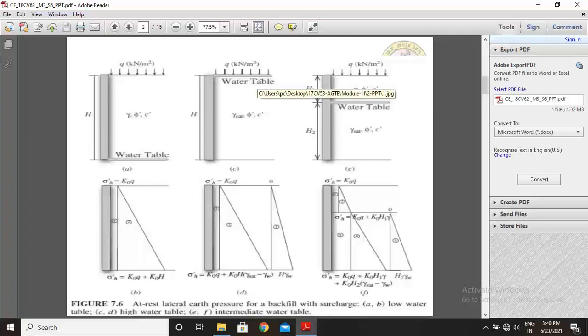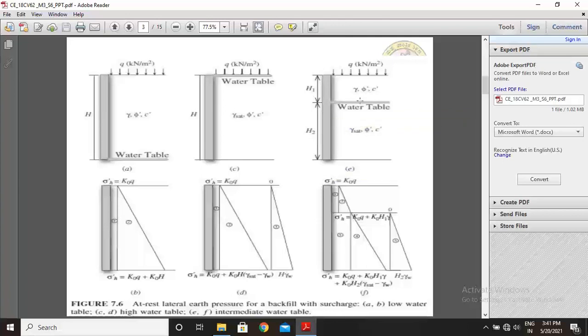the surcharge load is acting but the water table is at the top surface. Then here the saturated unit weight is considered, but in the first case the dry unit weight is considered because the water table is at the bottom. And the third condition is where the water table is at a depth of H1 and this is H2.